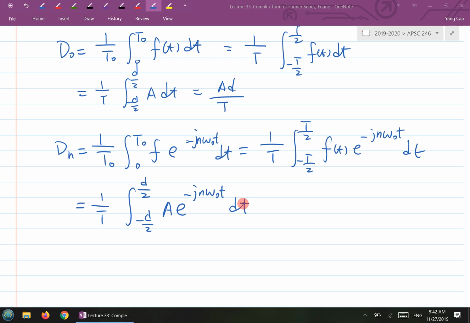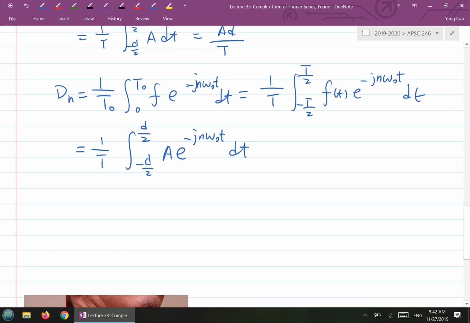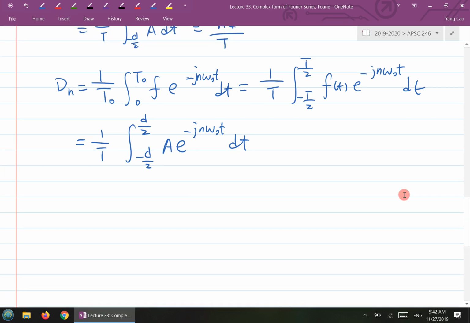You do see the j here, n and omega naught, but you're really just integrating with respect to t. Everything else is considered a constant. So this is essentially just an exponential function to integrate. Now I can take the a out.